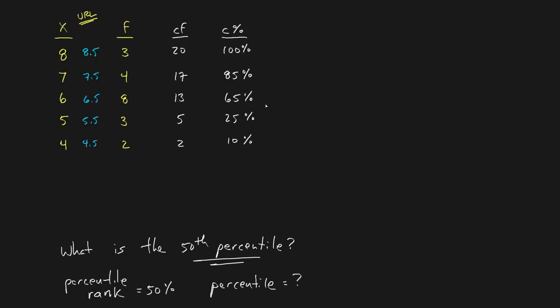Okay, so I'll show you how this fits back in the original table. Remember, we were looking for the 50th percentile, which goes with a percentile rank of 50%, but 50% falls in between these two.